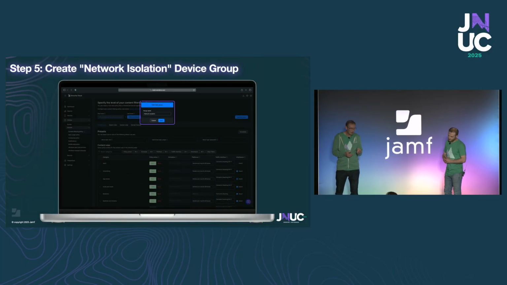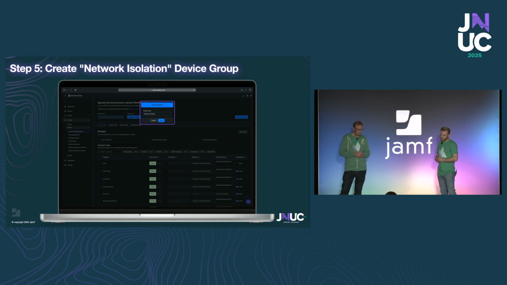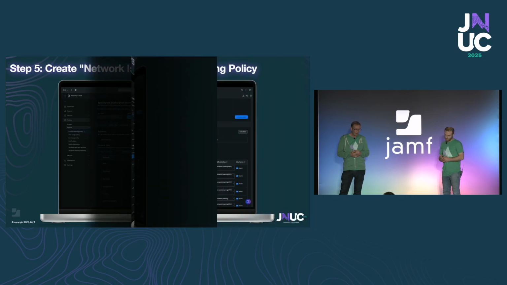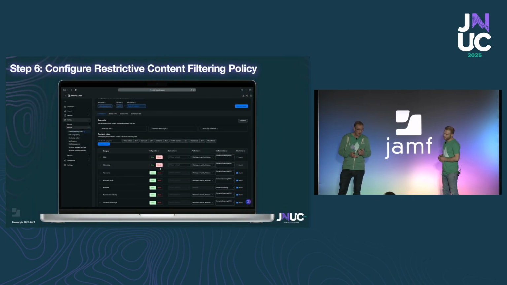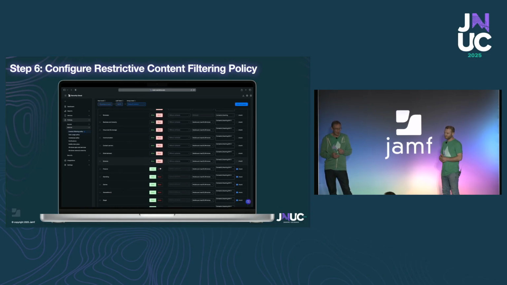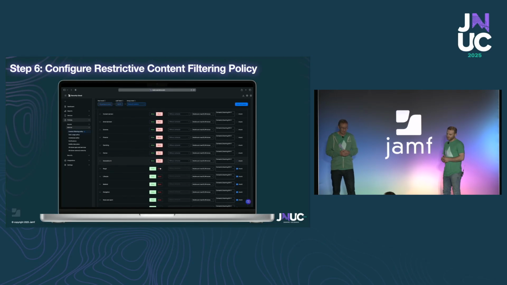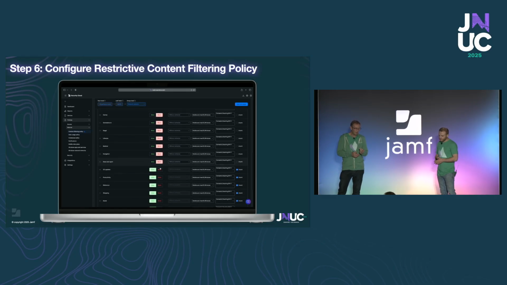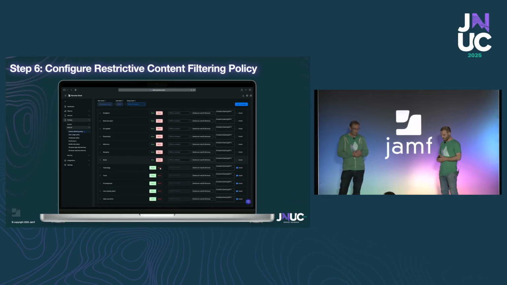Our next step, we move into the Security Cloud portal, where we're going to create a device group called Network Isolation. Using our newly created Network Isolation device group, we'll create a new content filtering policy by setting every content category to block.